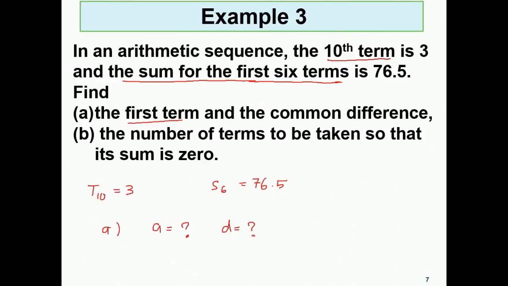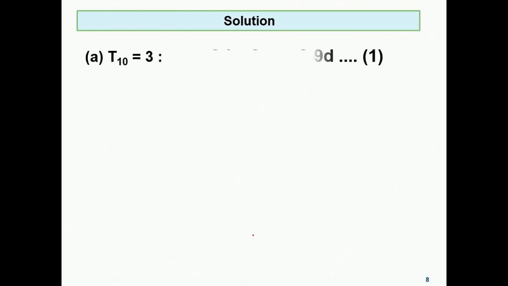Now let's solve this example. T10 is equal to 3. So we have the formula for Tn: Tn equals a plus (n minus 1)d. So a plus (10 minus 1), which equals 9, 9d equals 3.